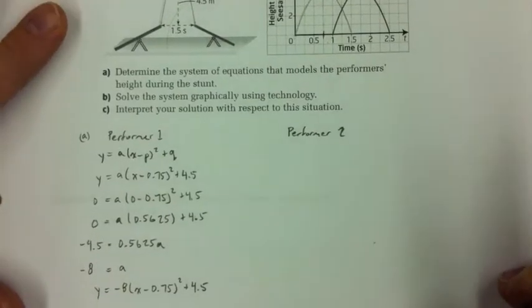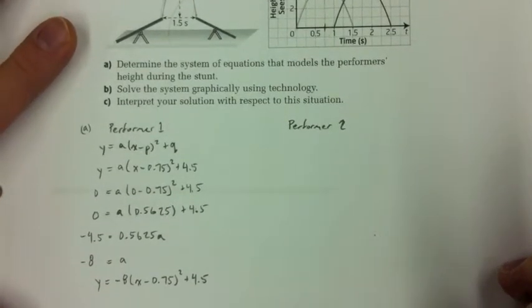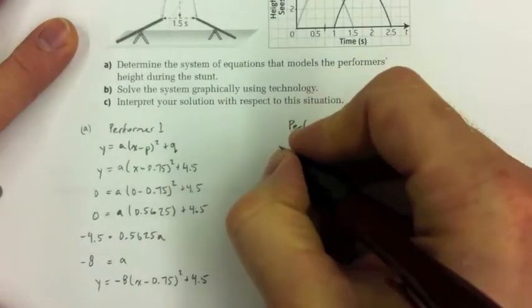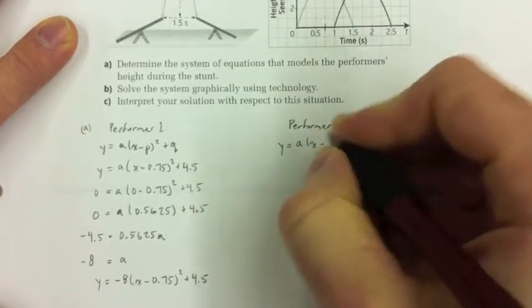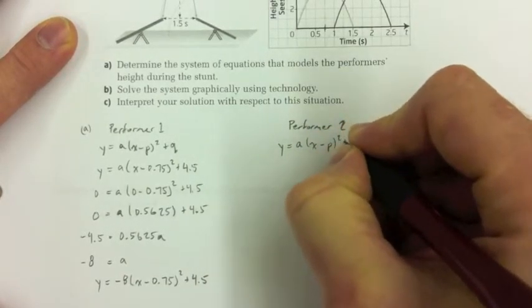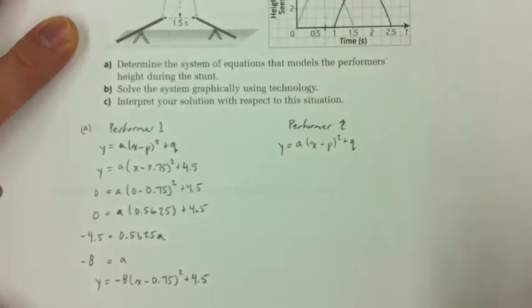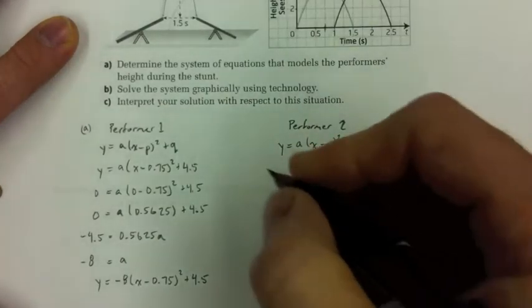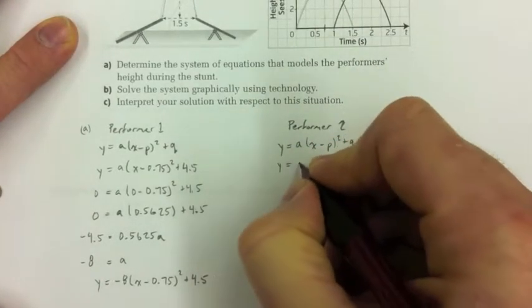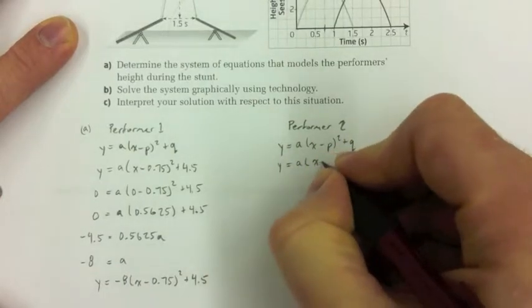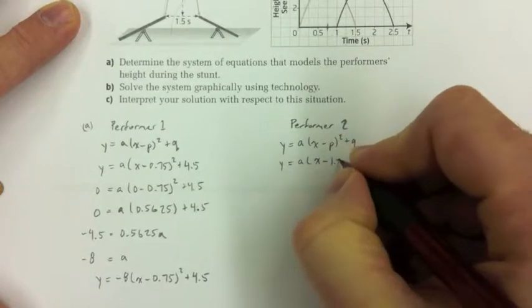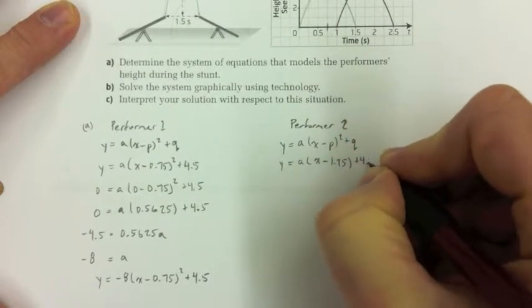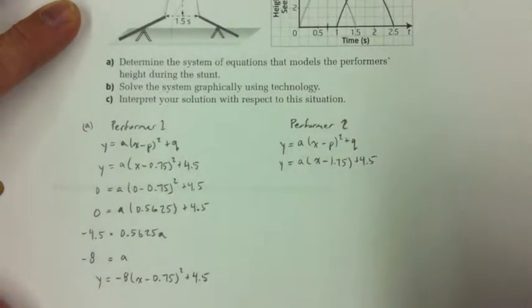We're going to go through this same process for our second performer. I'm not going to detail it quite as much. So again, we start with the graphing form of a parabola. We put in our vertex. In this case, our vertex is 1.75 and 4.5.